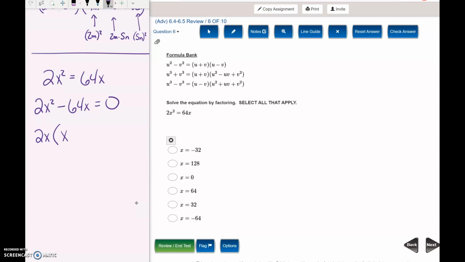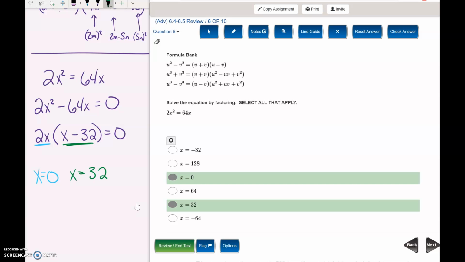Negative 64x divided by 2x would be negative 32. If this part had to equal 0, x would be 0. If this part had to equal 0, x would be positive 32. So 0 and positive 32. Select all that apply.